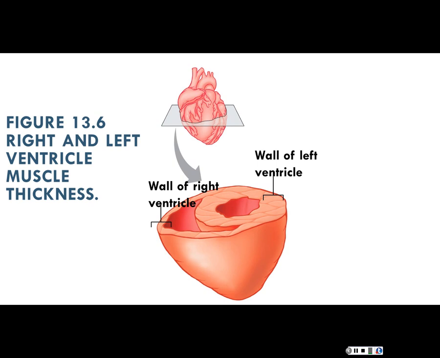So it's going to take more pressure to push that blood further, more resistance. Contrast it to the right ventricle, which has to push blood, I say it, next door to the lungs. So even though stroke volume is the same from each ventricle, the pressure needed to be generated by each is different. And so therefore it's going to take more muscle mass to push that blood out.